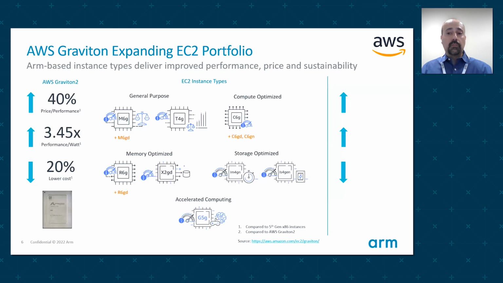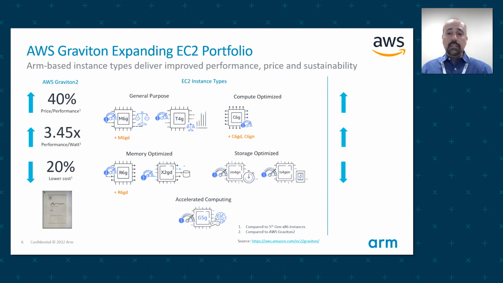AWS was the first cloud provider to offer Neoverse-based instances, and they are now on their third generation offering based on Graviton 3. Graviton 3 is the processor at the heart of the servers that offer these compute instances. The majority of AWS instances are currently based on Graviton 2 and the newly introduced Graviton 3.